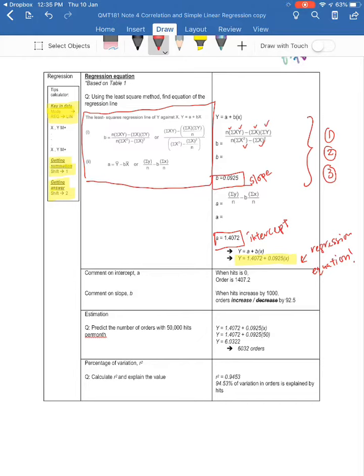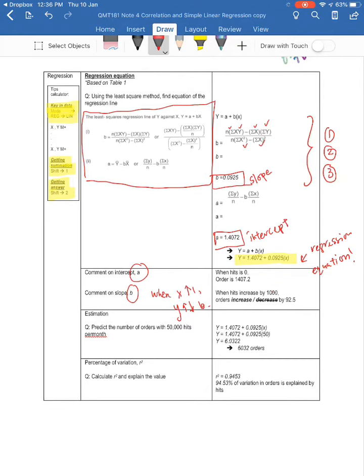Okay, how to comment the intercept? Intercept ialah A. So when x is 0, y is 1.4. Slope ialah B. Slope when x increase 1, y increase or decrease by B. Okay, so increase or decrease depends on this one.